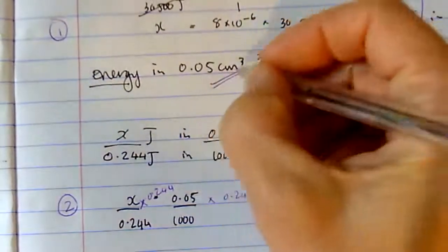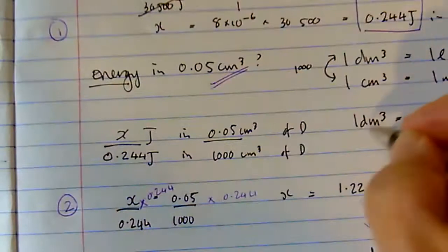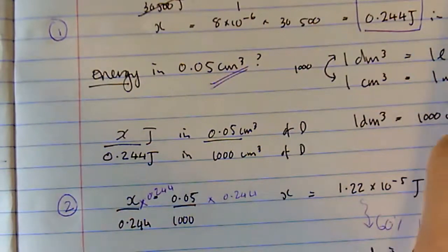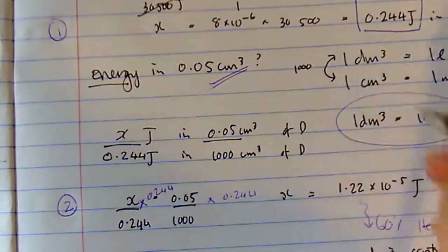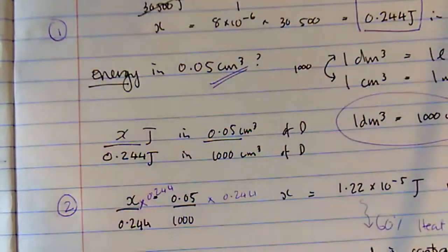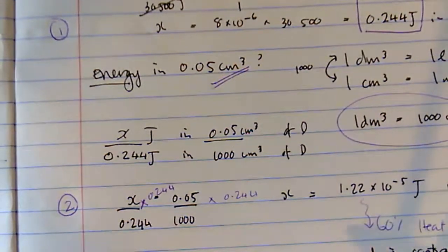So here you had to do a little bit of unit conversion, to convert between centimeters cubed and decimeters cubed.